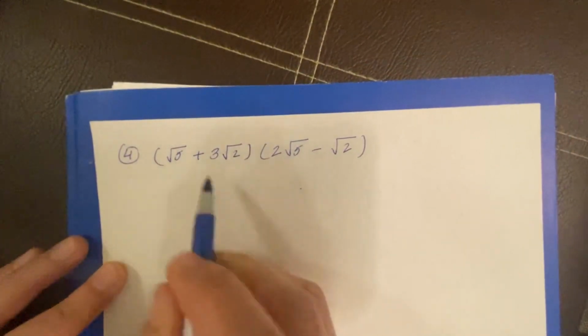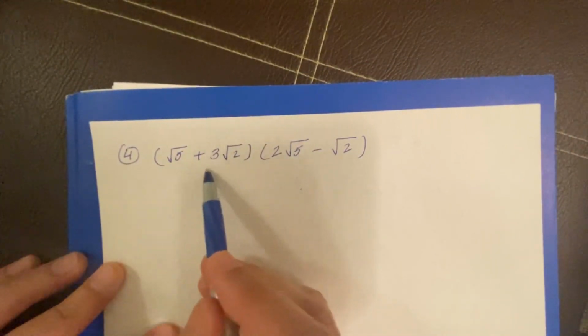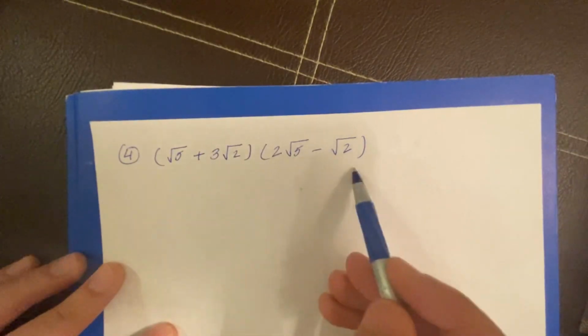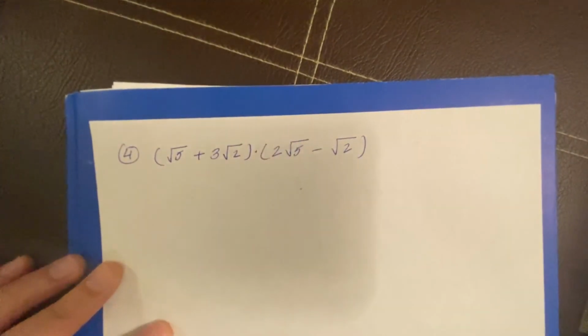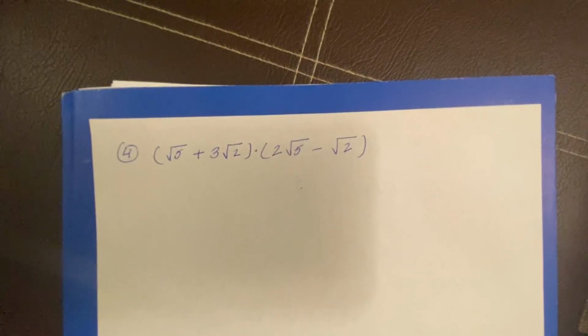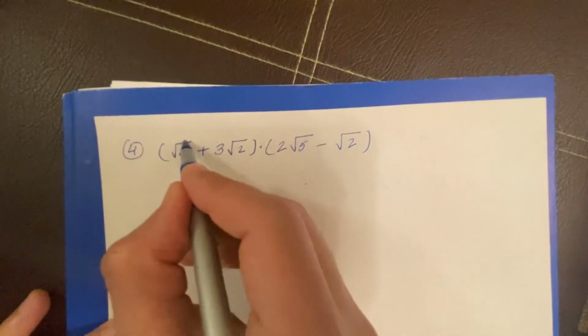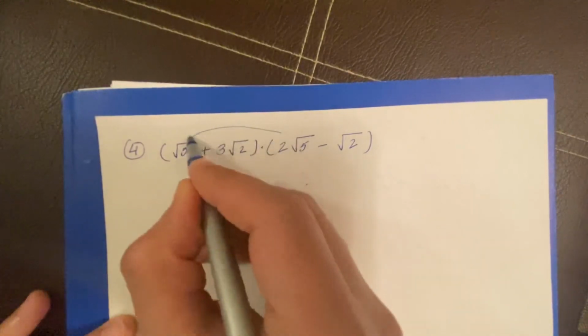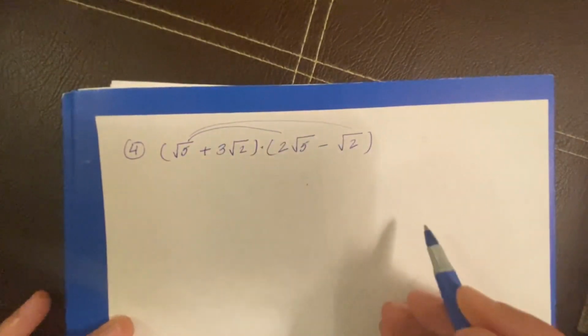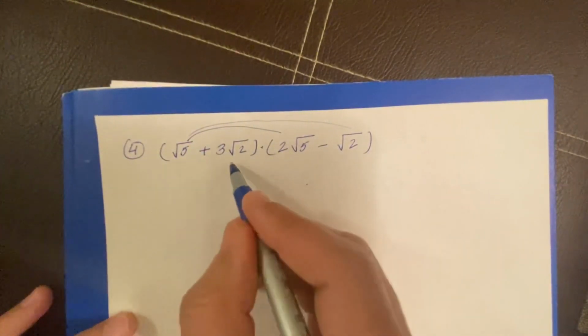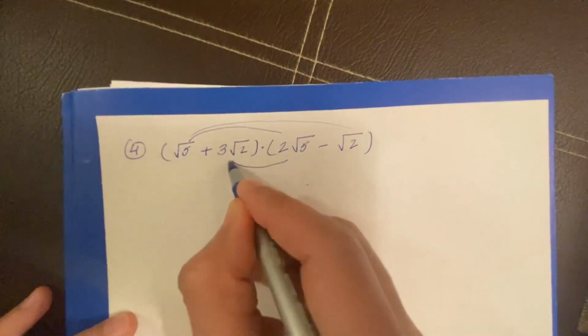Here we are again multiplying this whole thing by this whole thing, with a multiplication sign in the middle. Whatever we have done before with FOIL, we have to use the same idea here. We need to distribute this square root of 5 to these two terms, and after that distribute this to these two terms.